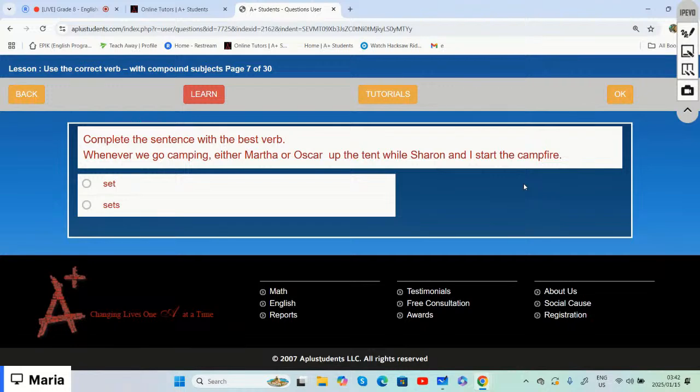Whenever we go camping, either Martha or Oscar, do we say set up the tent or sets up the tent while Sharon and I start the campfire?